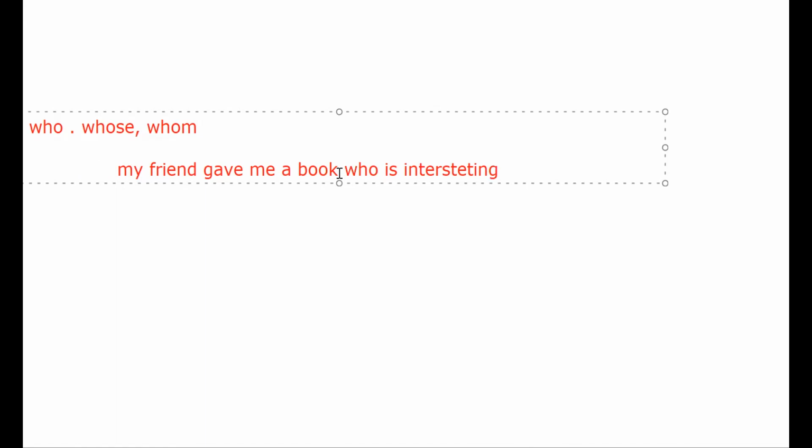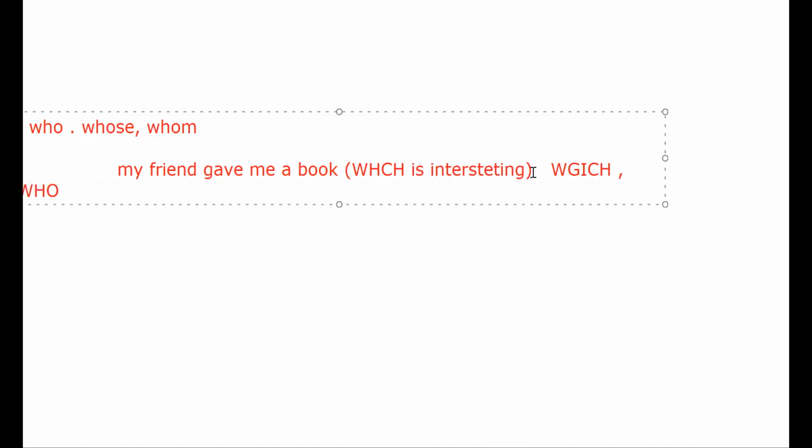Guys, because this is right side of book, so obviously I understand this fellow is talking about book. Now, should I say book who is interesting or which is interesting? Which point I want to mention here is, when do I use which? When do I use who?